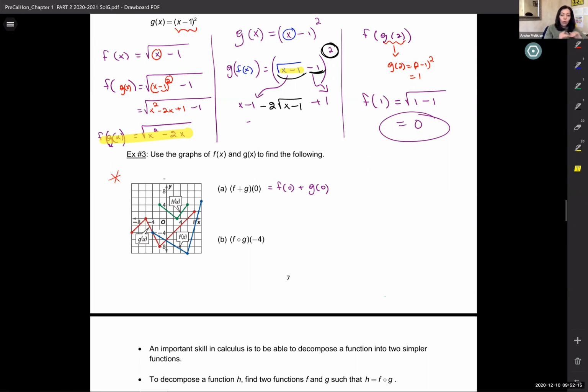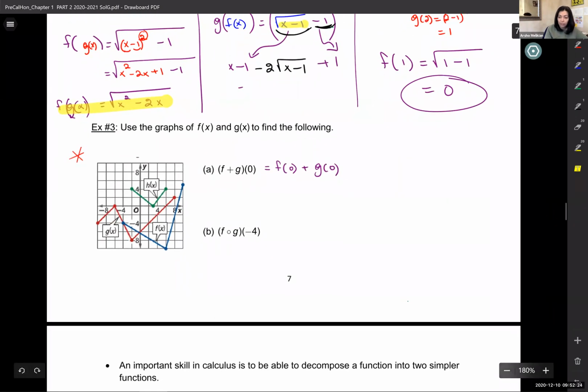Okay, so you go to the function, and now you go to the graph. On the graph, you have 3 functions graphed. You want f of 0, so identify where f of x is. That's the blue one. You want f of 0, it means the y value when x is 0. The y value for the blue when x is 0 is about -6, right?